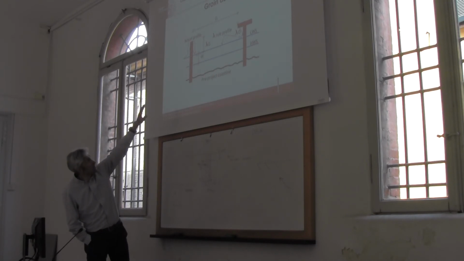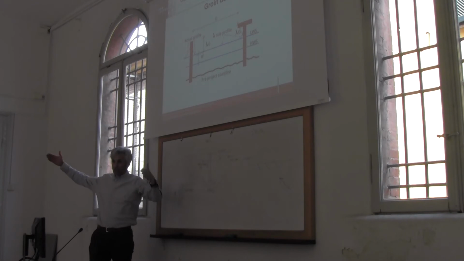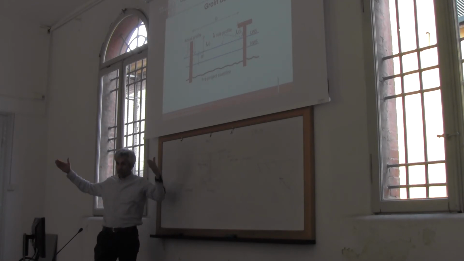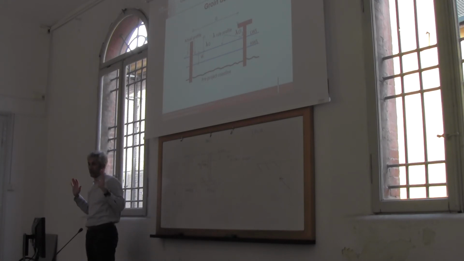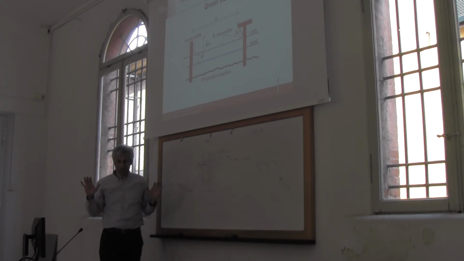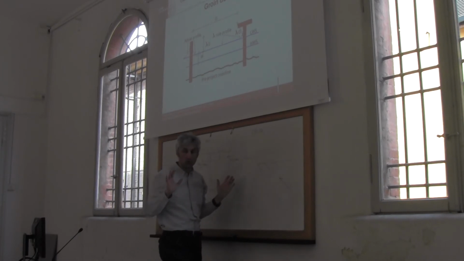Look at the straight groin. You see that there is a distance lambda g from the low water shoreline to the head of the groin. G is the distance between groins, the groin interspace. Lambda is usually taken as 1/3. So this is the 1/3 rule.